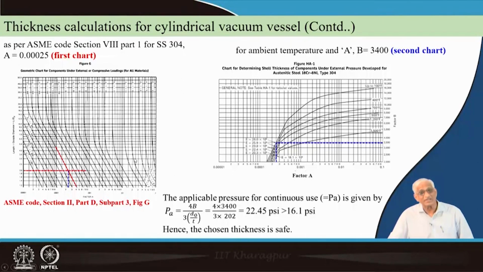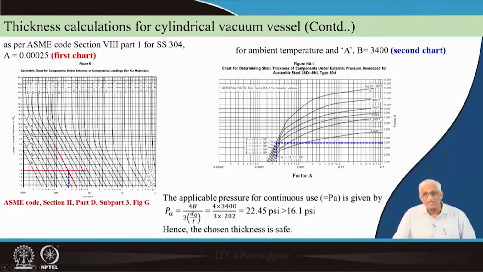Once you get the A factor, now comes to material properties, whether it is a stainless steel or an aluminum or mild steel or a plastic, that you have to see. So, there is another factor called B factor, which is plotted as a function of factor A obtained from the first chart. Once you get A factor from the first chart, all that we need to do is use that and take the curves for particular material with which you are making the chamber. In our case, it is SS304, and room temperature.